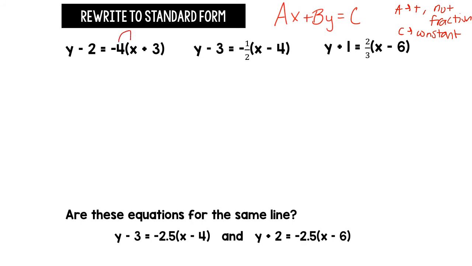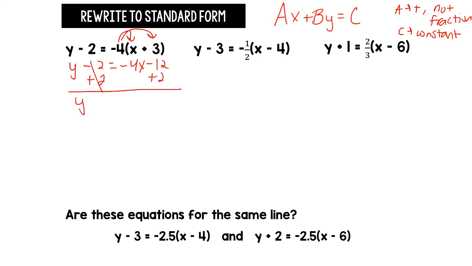First, again, distribute. So y minus 2 equals negative 4x minus 12. Then we're going to add this 2 to get all the constants together.